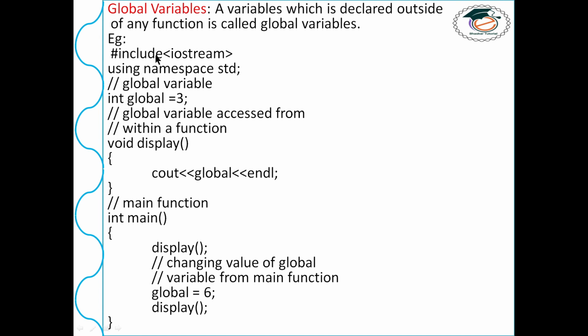Here I gave an example: integer global 3, and it will count global 3 and global 6. Whichever is declared outside any function is known as a global variable. So when you run this program, you will get the result 3 and 6 because these are outside.